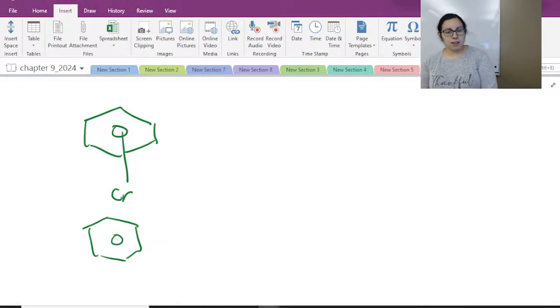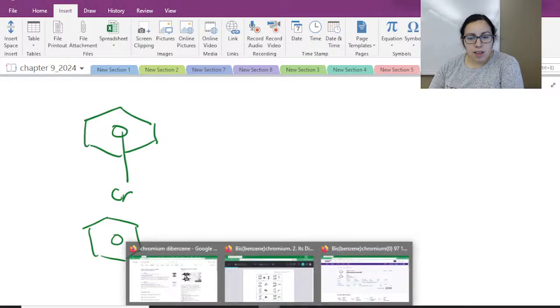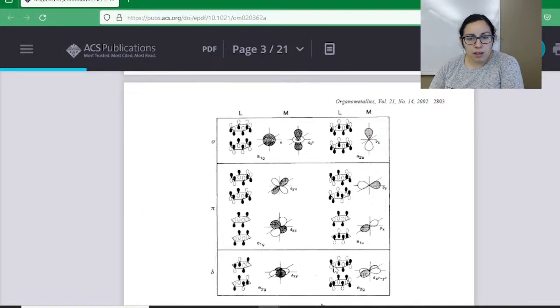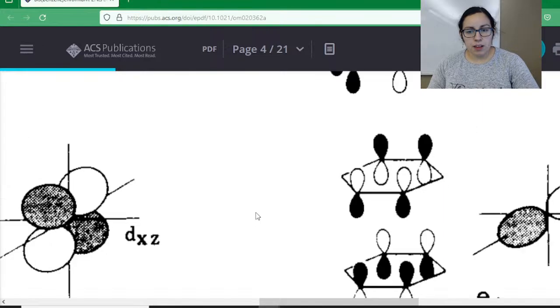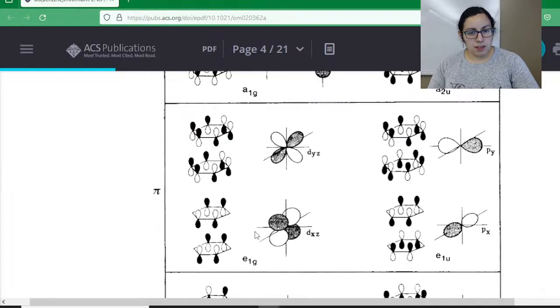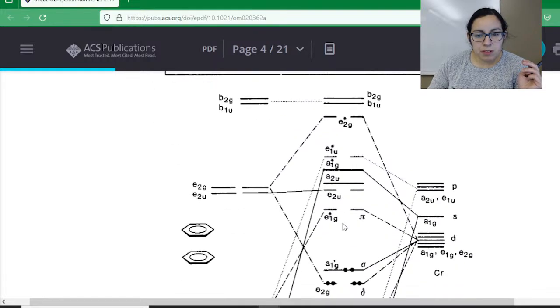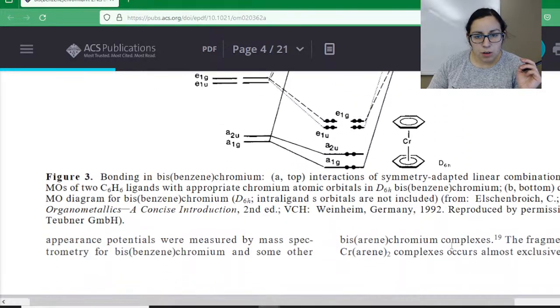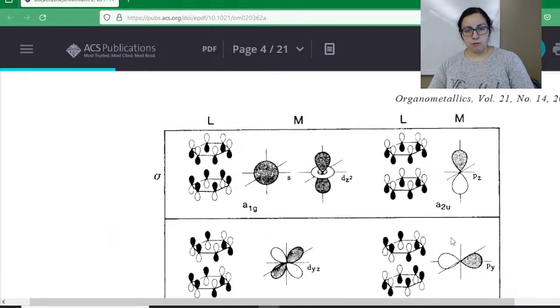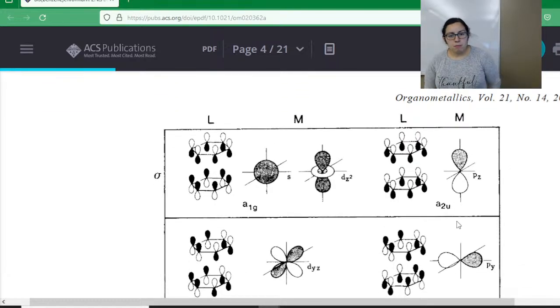And so let's at least try to appreciate where these MO diagrams come from. And so their MO diagram is a little crazy, at least from what we're used to right now. But let's try to break down the pretty pictures coming together.